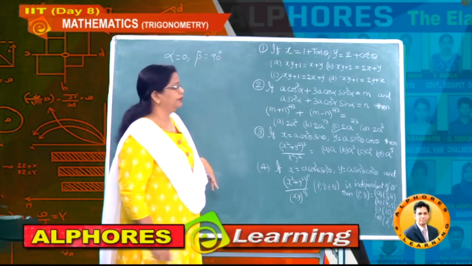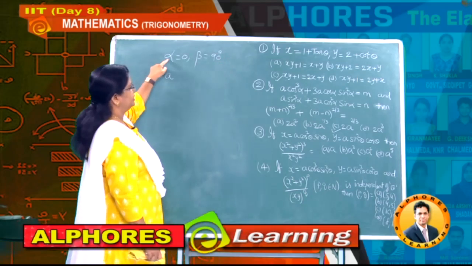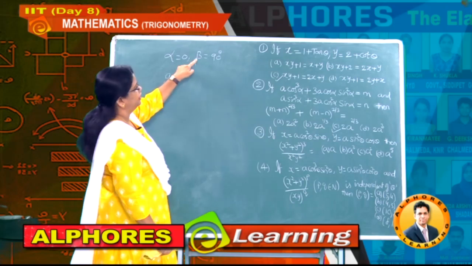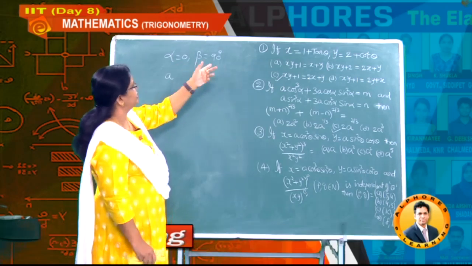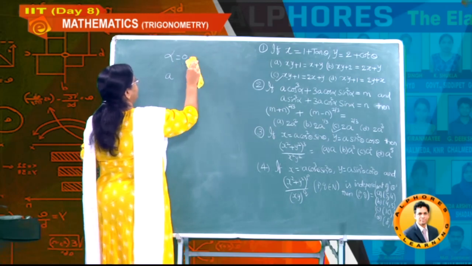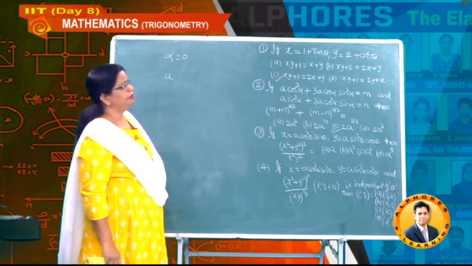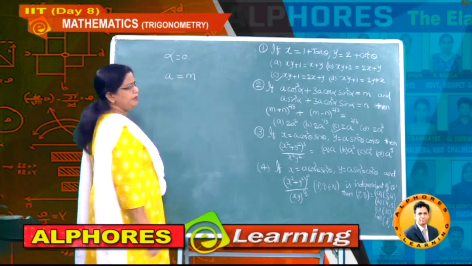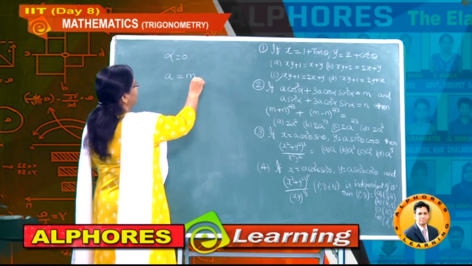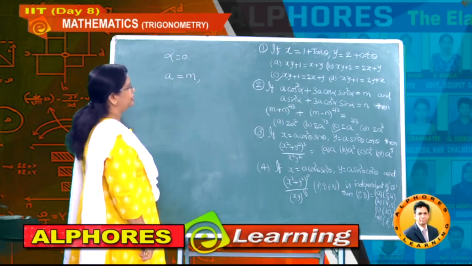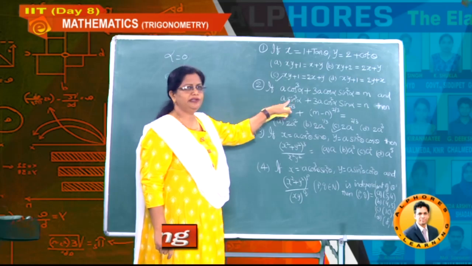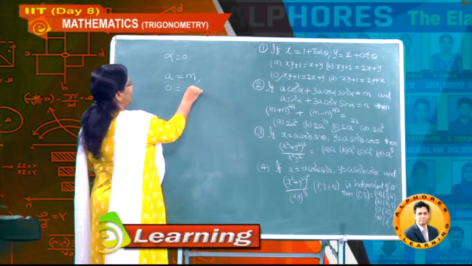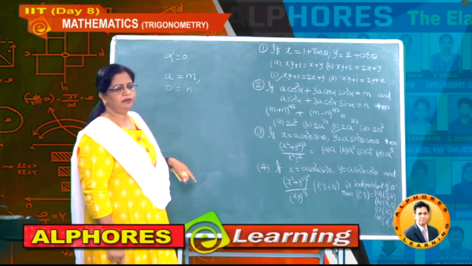It is 1. Therefore you got a, and the other value is cos 0 and sin, but here it is given as alpha only, so we are taking alpha is 0, no beta. So this value a equals m, because sin 0 is 0. And for the second equation, sin alpha is sin 0, which is 0, therefore you got 0 equals n. So m equals a, n equals 0.